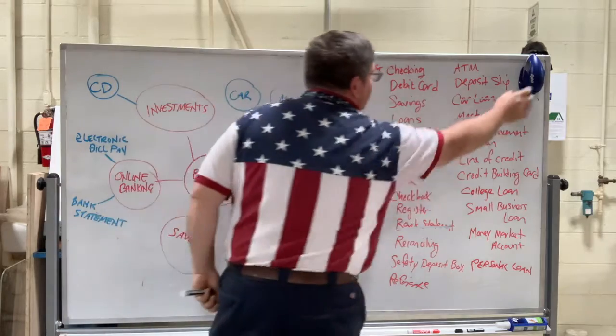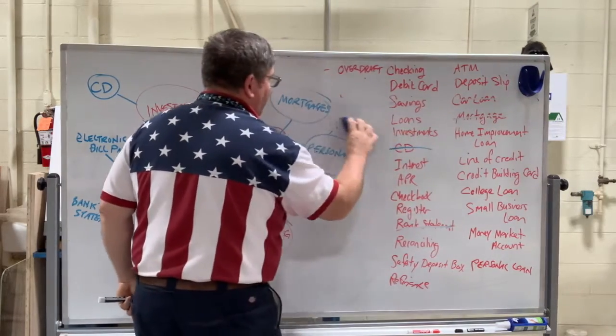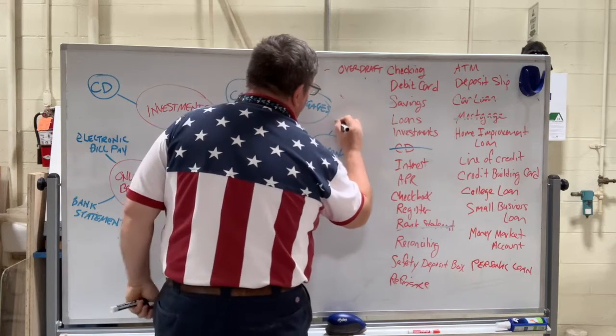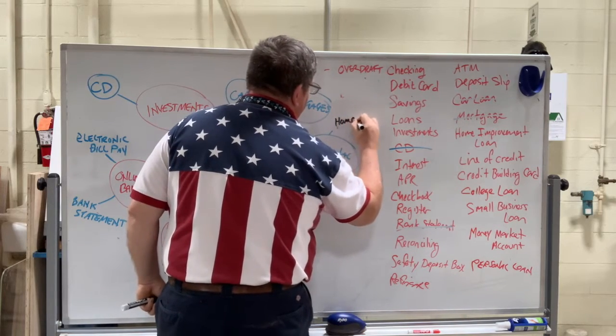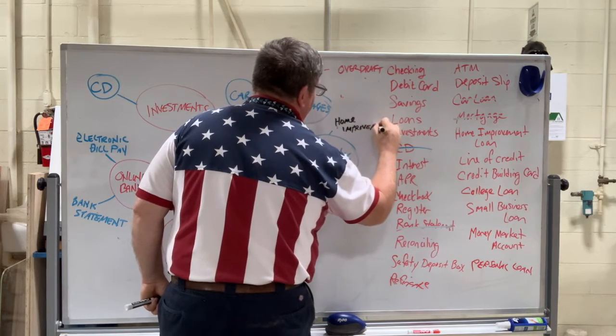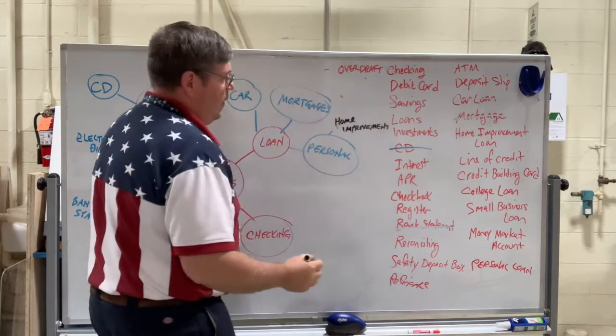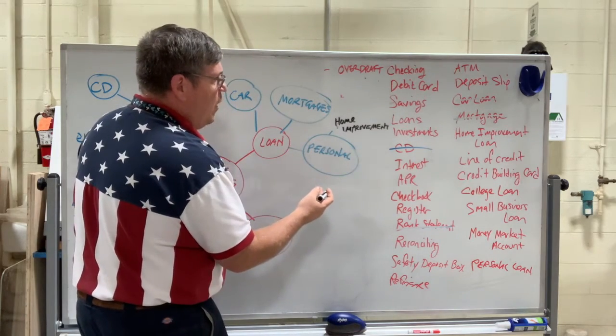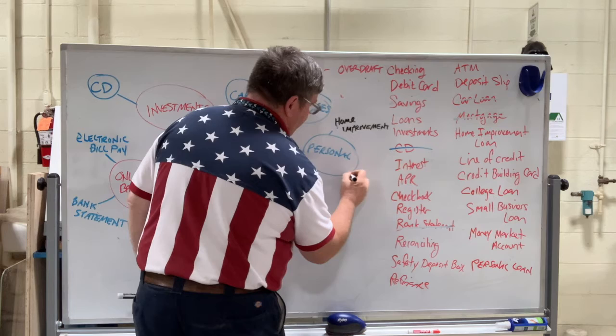Actually, let's use different colors as we go on down here. All right, so we'll go home improvement. Okay, so we've got a regular personal loan, we've got a home improvement loan, a line of credit.